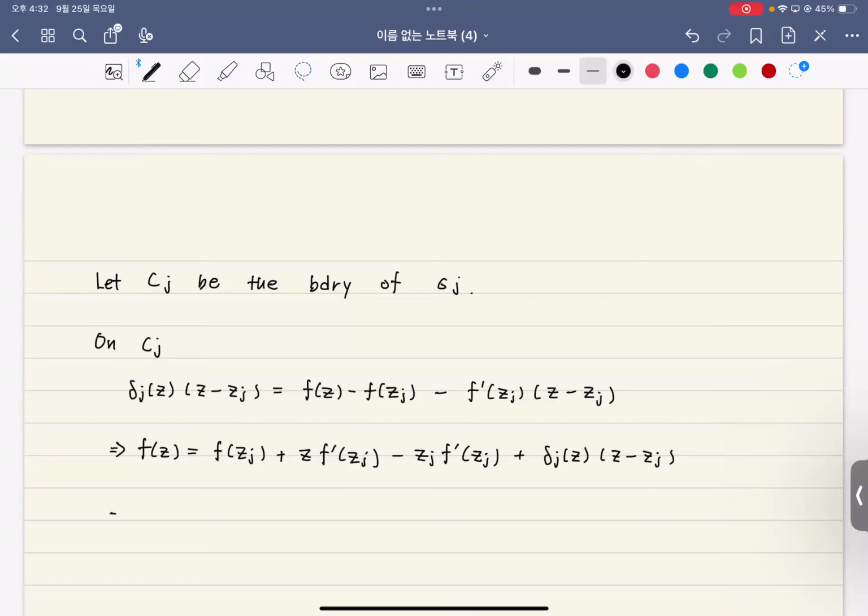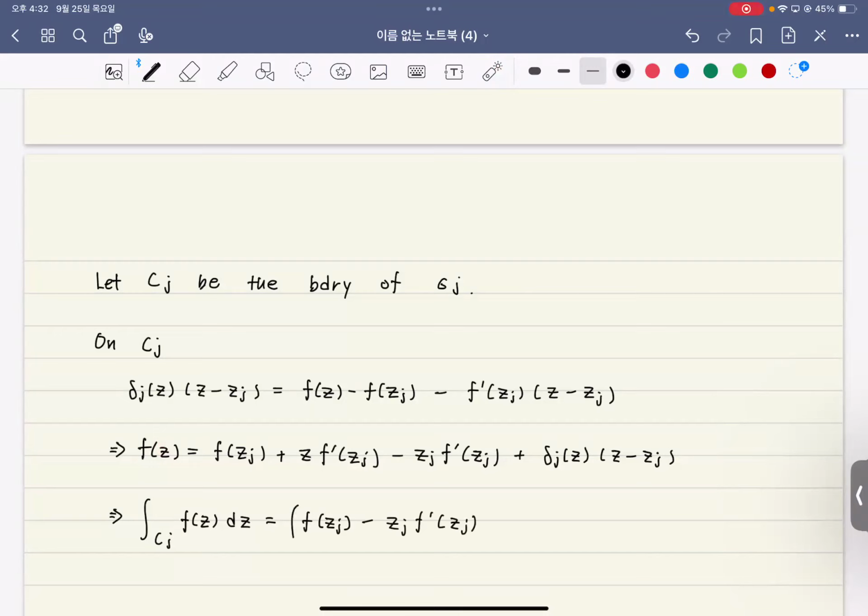All right. Now I'm going to take the line integral of the function along this boundary curve. Then what now? I'm going to combine these two terms, f of zj minus zj f prime of zj, because they are completely independent from the variable z.